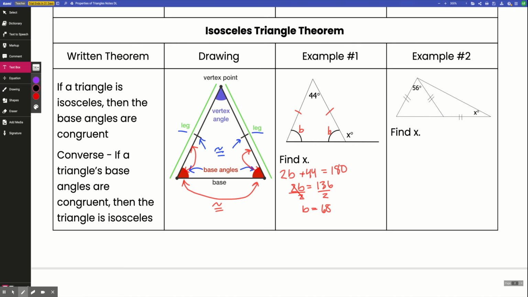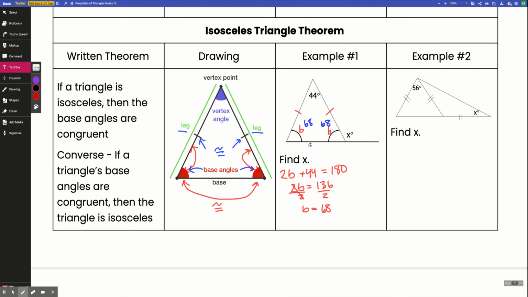Okay, so what that means is that both of these angles at the bottom are both 68 degrees. Okay, so this is 68 and this is 68. Okay, so now I have two ways that I could figure out what x is. I could do 44 plus 68 because those are the remote interior angles, right?